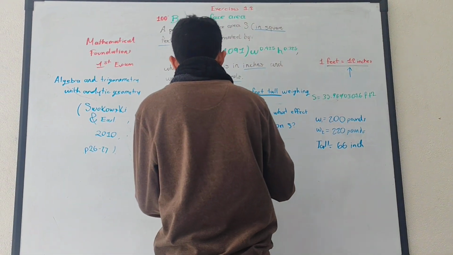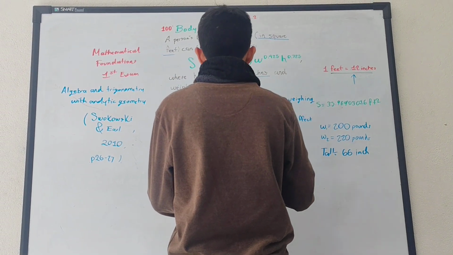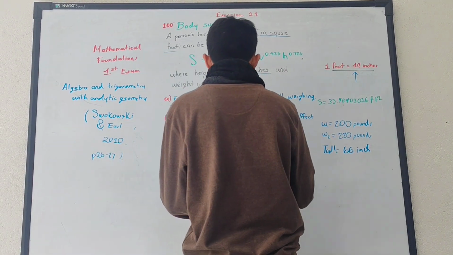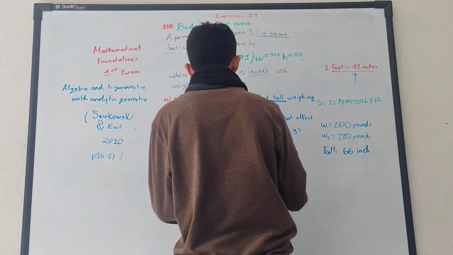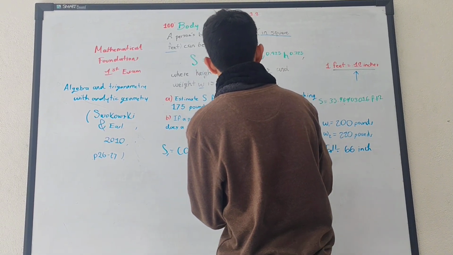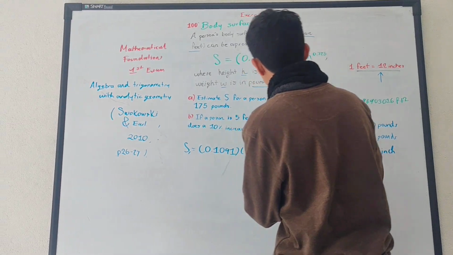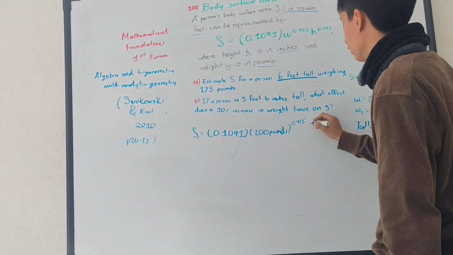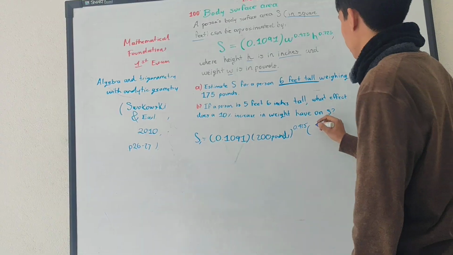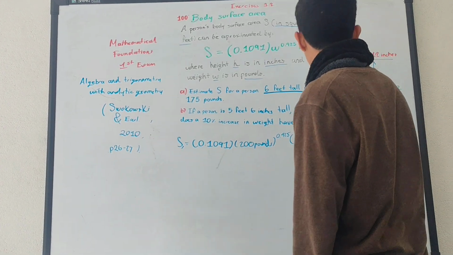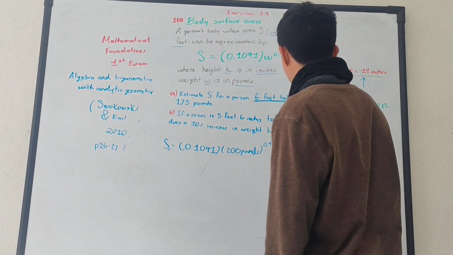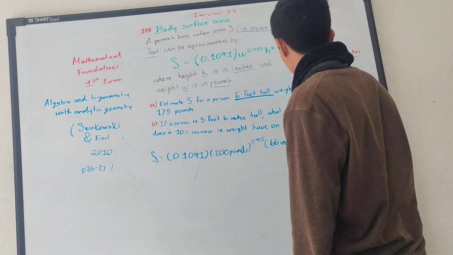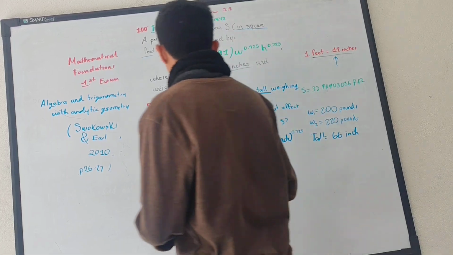So I'm going to write it pretty fast again. For the first weight, S1 should be 0.1091 times 200 pounds raised to the 0.425 power times h, and h is 66 inches raised to the 0.725 power.